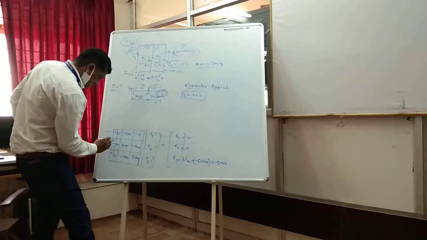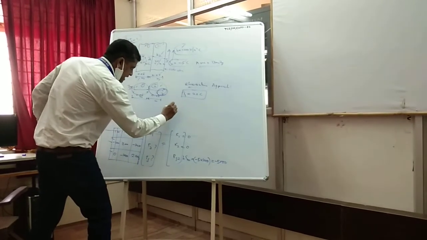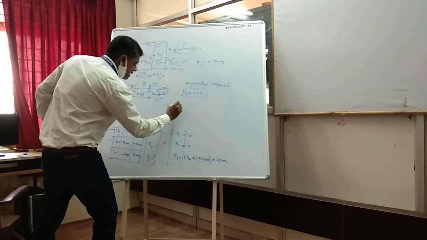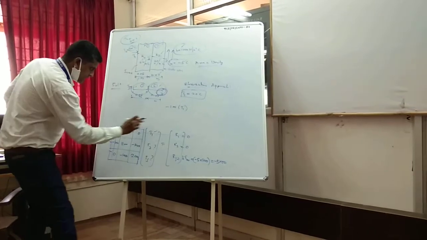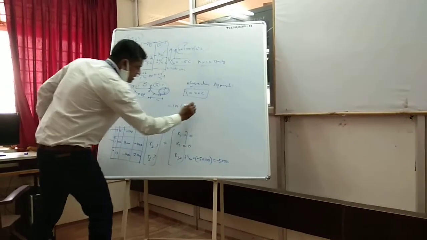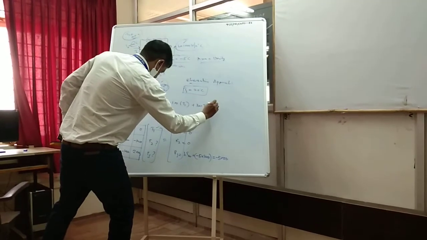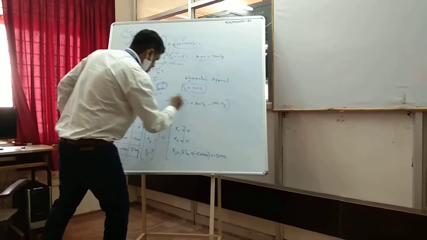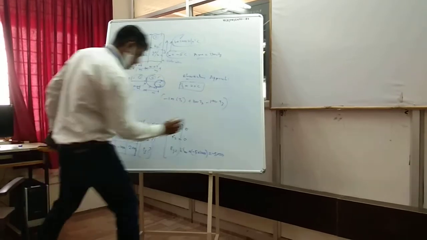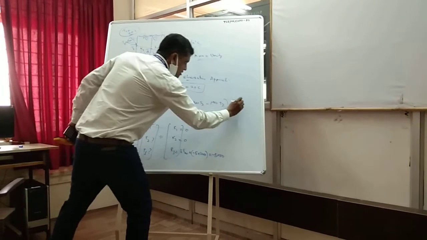I will start from the first equation: minus 100 into T1 plus 1100 T2 minus 1000 T3 is equal to 0.